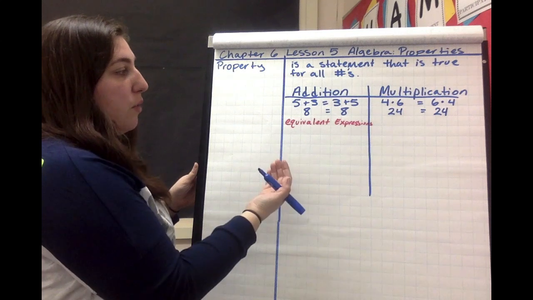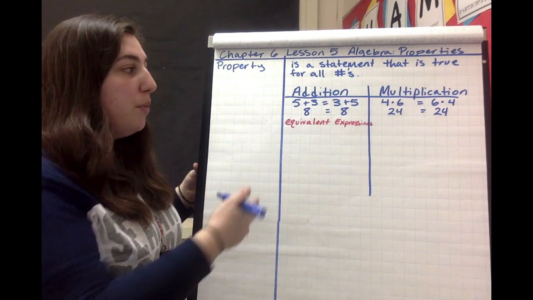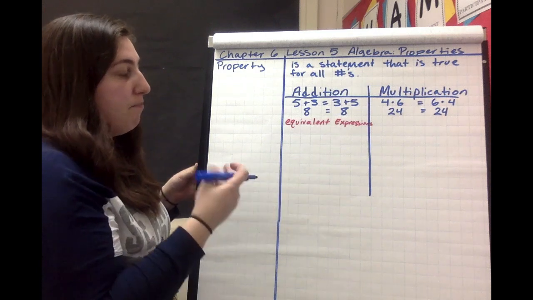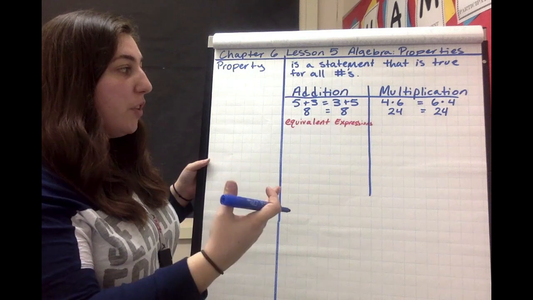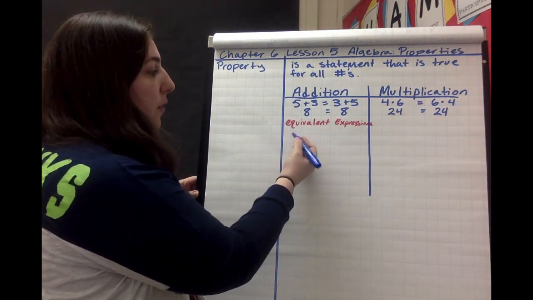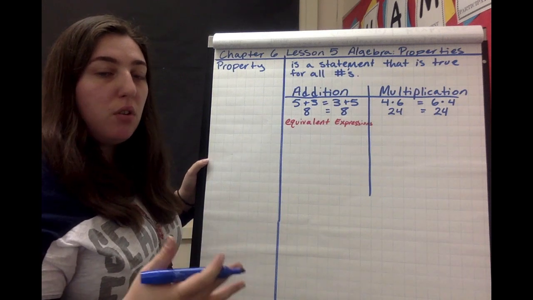Let's try it with variables though, because it's the same thing, but sometimes when we see variables, it can be confusing to try to do it for the first time. The variables we're going to use are a and b, as general variables.